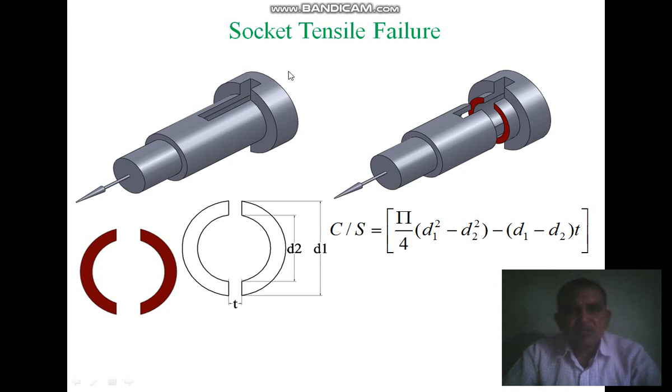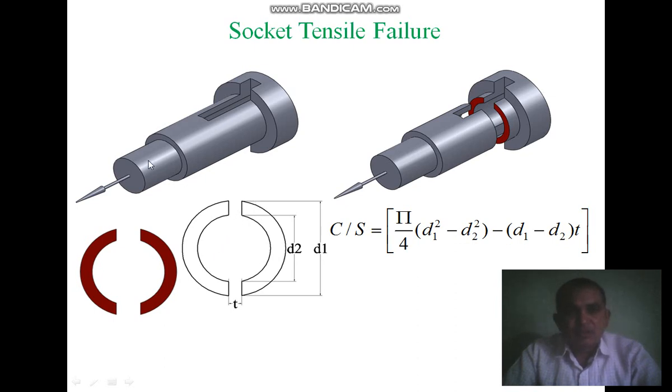Then we come to the socket of the Cotter joint elements. In the typical joint there is the diameter of this rod, the diameter of this socket, and then there is the hollow portion for inserting the Cotter. Inside this hollow portion, D2 indicates the diameter of the spigot end.